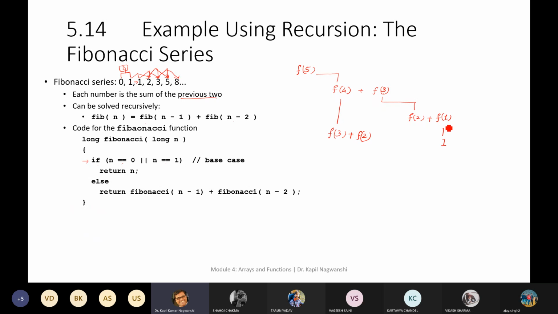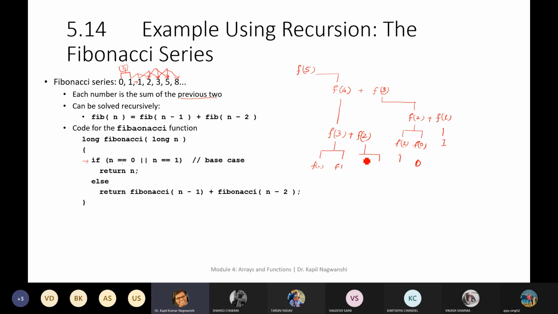Fine. Now this 1 will be added to this function, and this function is divided into F1 and F0. So it will return 1. Similarly, this function will be broken into F2 and F1.